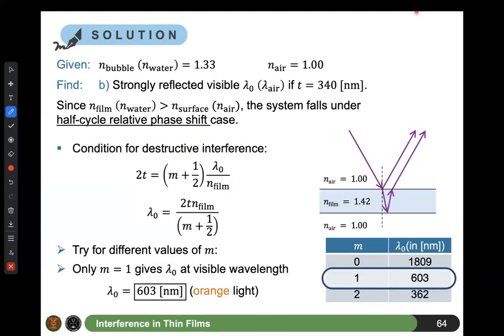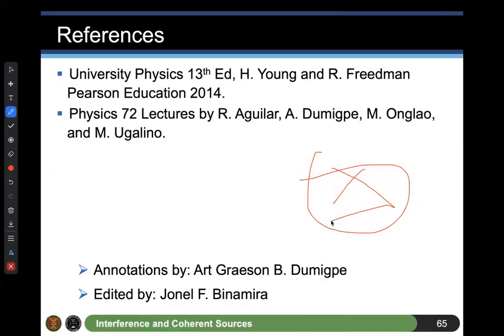So, yun na yun for thin film. So, ang important lang, alamin nyo ano yung surface, ano yung film, ano yung thickness, and then ano yung order. Ano yung order dito?